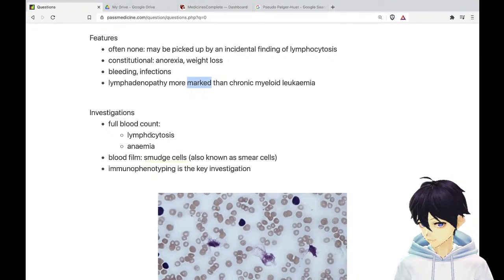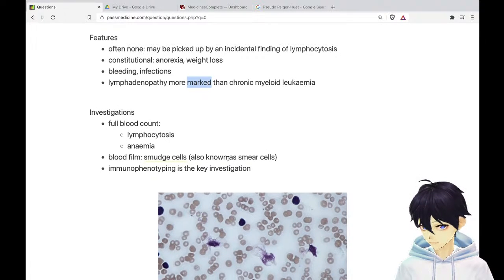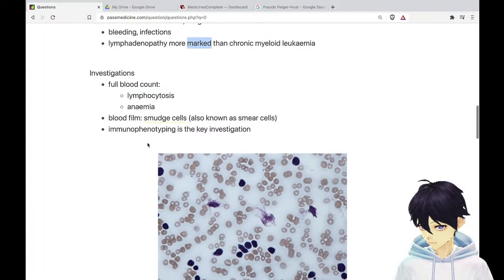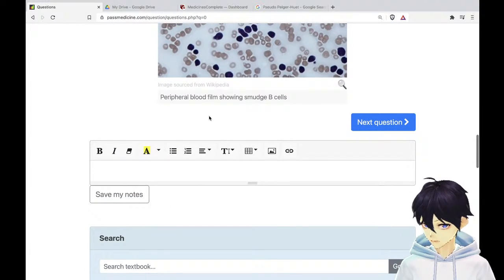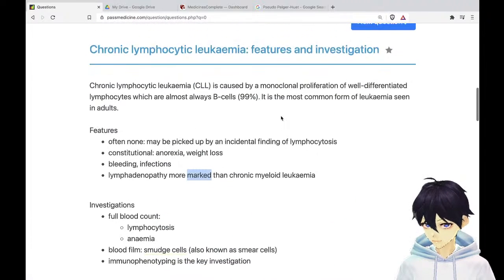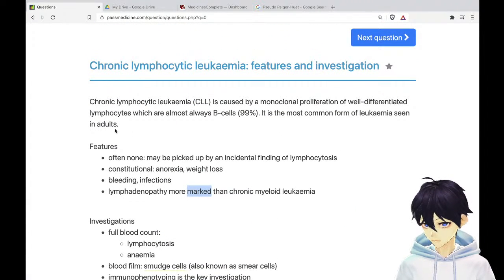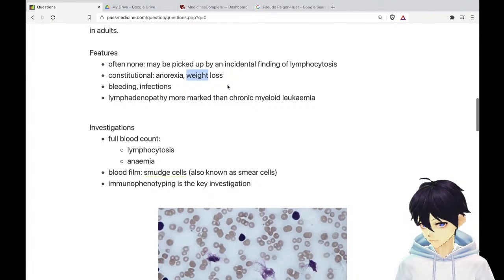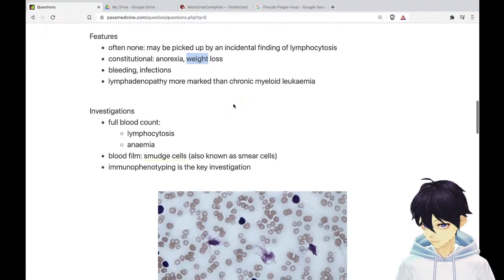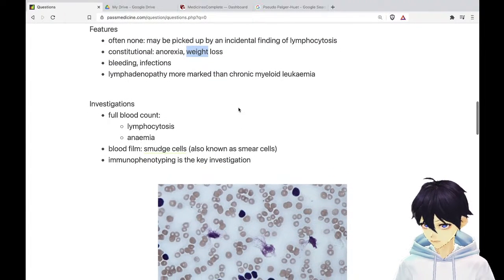Investigations: full blood count, lymphocytosis, anemia, blood film smudged cells, also called smear cells. Immunophenotyping is the key investigation. Is that all? So we know that it's more common in adults, one of the most common leukemias seen in adults, and most of the time it's B cells. Usually no symptoms, and then you can find it incidentally or through constitutional symptoms like weight loss and anorexia. Okay.